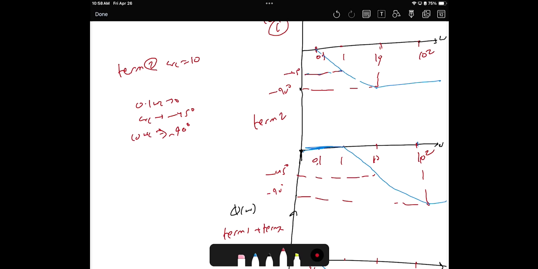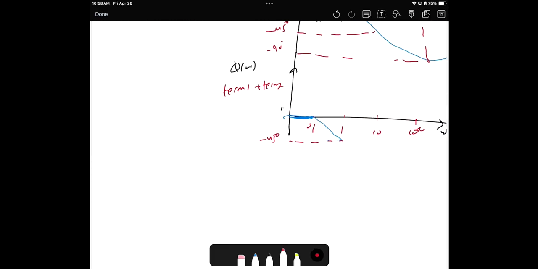Negative 90 minus 45 will be negative 135, right? So it will move slowly more. Negative 135.